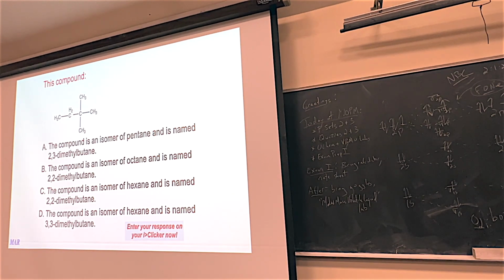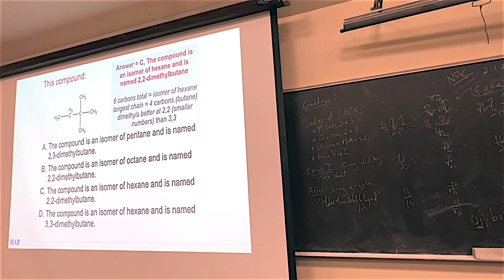But if you count right to left, 1, 2, 3, 4, 2, 2 dimethyl is another good name. And in organic chemistry, longest chain, smallest number is the winner. So 2, 2 dimethyl butane would be the official name of this beast. Any questions on that?